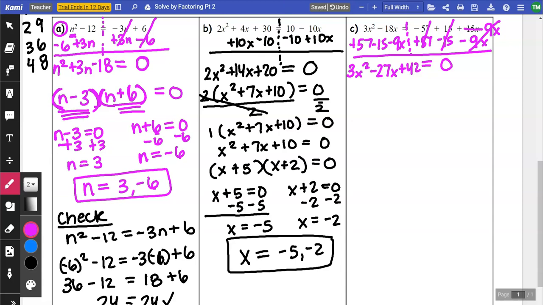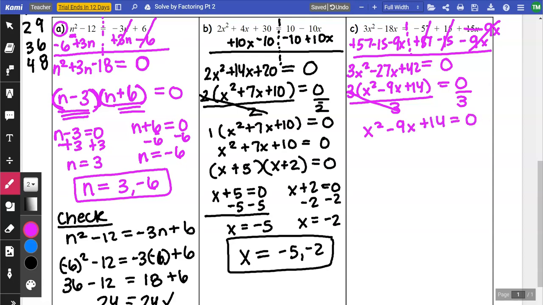Okay, so what I notice is that 3x squared, negative 27x, and 42 all have a common factor of 3. So let's factor that out real quick. So we're left with x squared, negative 9x, and 14. So now we're going to divide both sides by this 3, so it'll cancel. And we're going to have x squared minus 9x plus 14 is equal to 0.